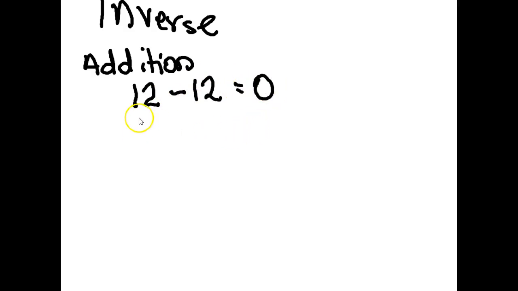Now, I could also have written this as 12 plus the negative 12, which is the opposite or the inverse of 12. So that would get me my 0. If you remember, on our identity we added 0. Here we're getting to 0. This is our answer.